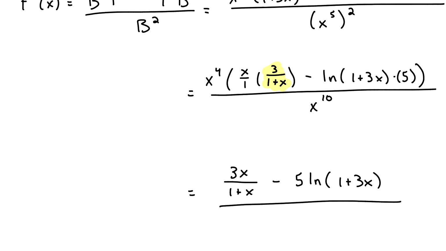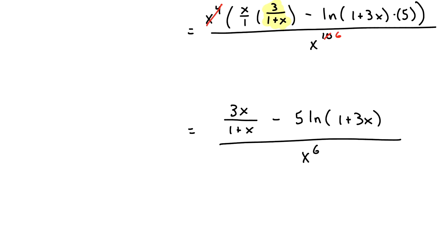Now we canceled x to the fourth from both of these, so that would leave us with x to the sixth in the denominator. So this is better. It's still not great. I'm still not really a big fan of this fraction inside of a fraction. So what I'm going to do in my last step to get rid of it, I'm going to multiply my whole numerator and my whole denominator by that 1 plus 3x.